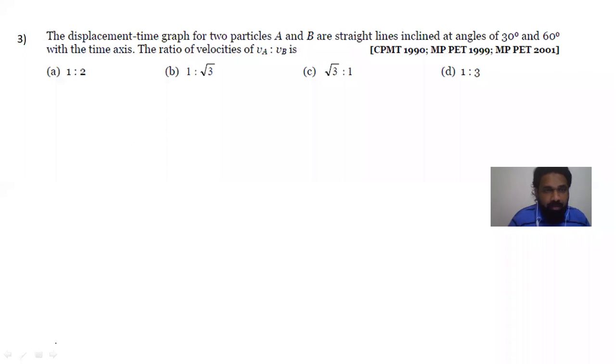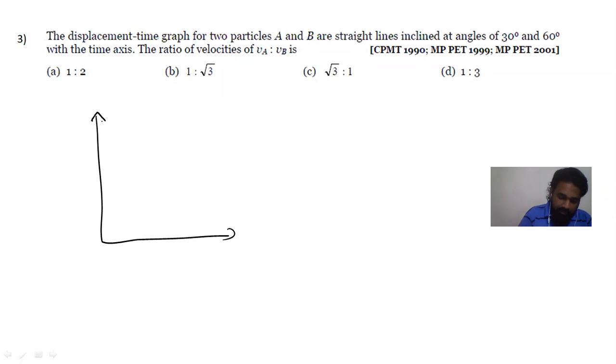Next one. The displacement time graphs for two particles A and B are straight lines inclined at angles of 30 degrees and 60 degrees with the time axis. So they are giving displacement time graphs.